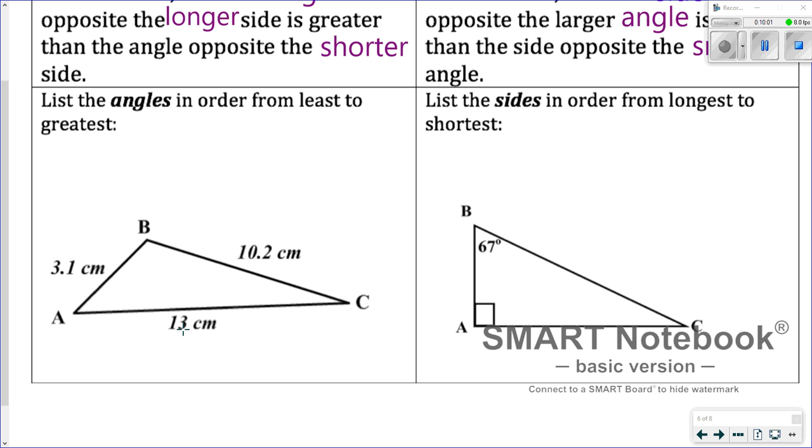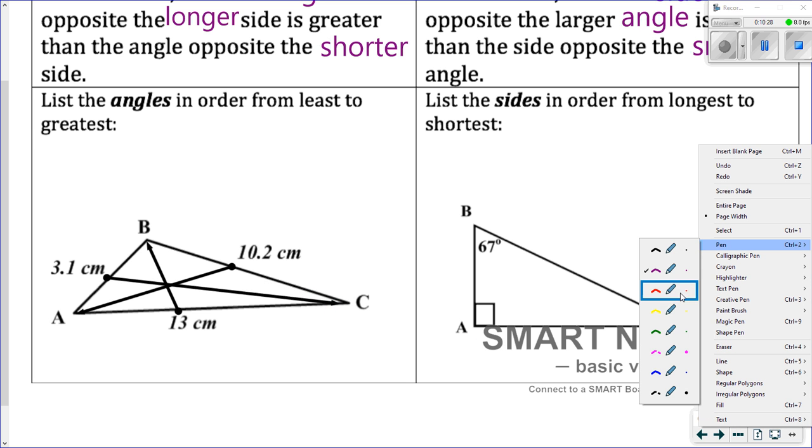Which one's the biggest one? So 13 is the biggest one. So that means the angle opposite that is going to be bigger. And let's look at the next bigger size, 10.2. So the opposite is going to be the second biggest, which is A, and then this side will be the smallest.